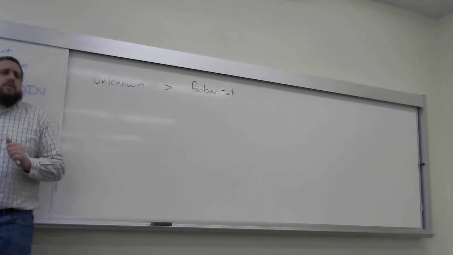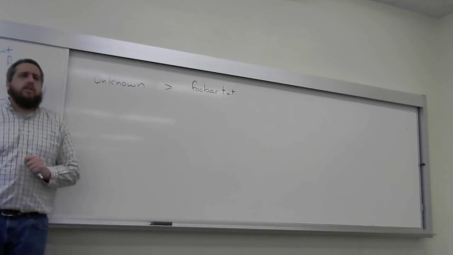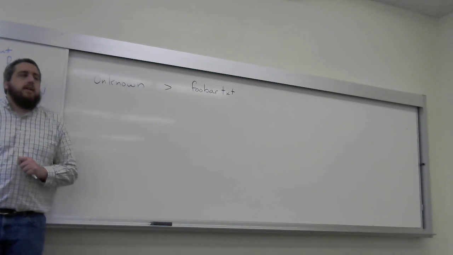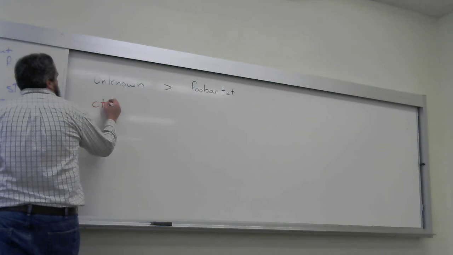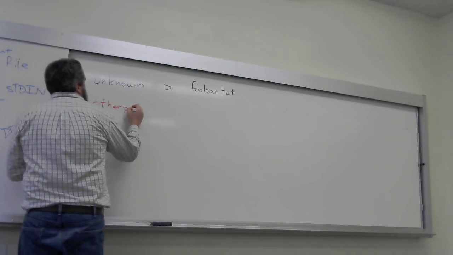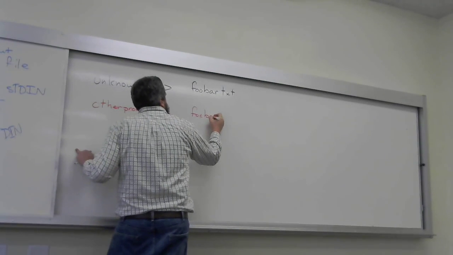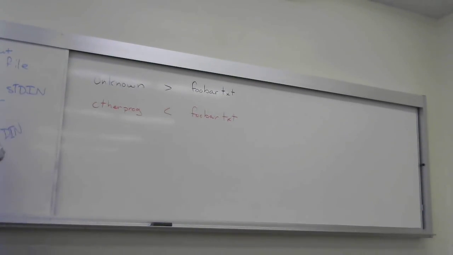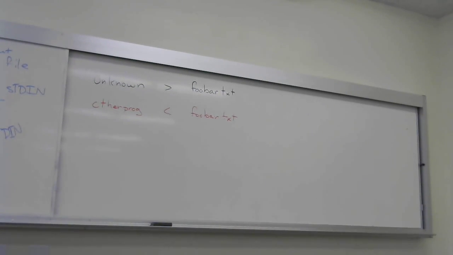How do I then use that foobar.txt, or how do I then use that data with another program? So I can use a left caret. So I can have another program, and I could say left caret foobar.txt. So that would make the other program, other proc here, use foobar.txt as the standard in.